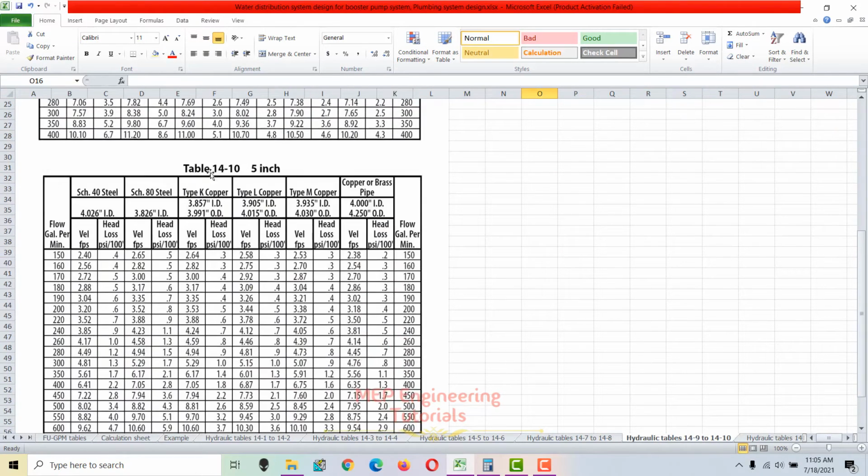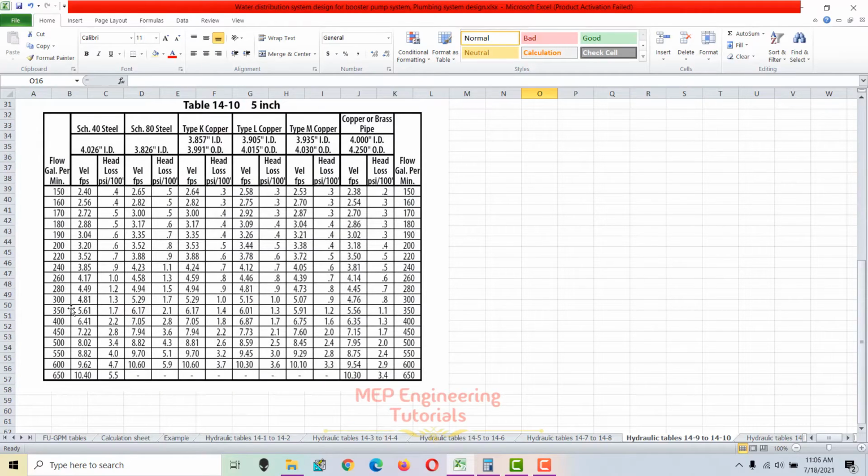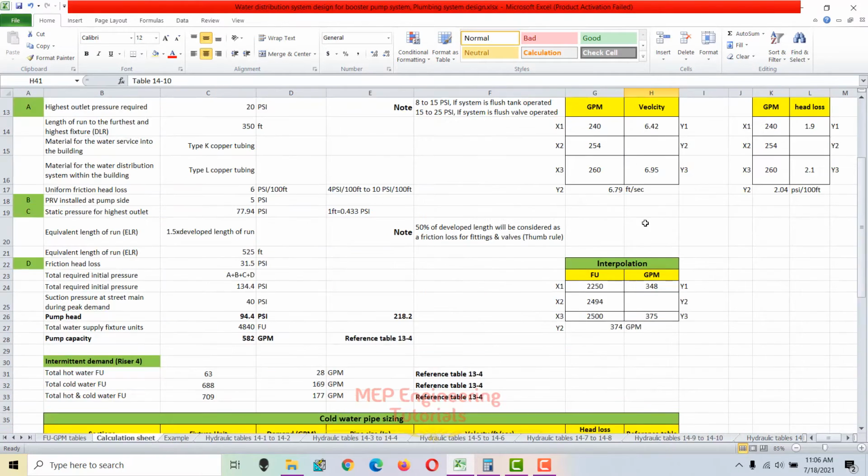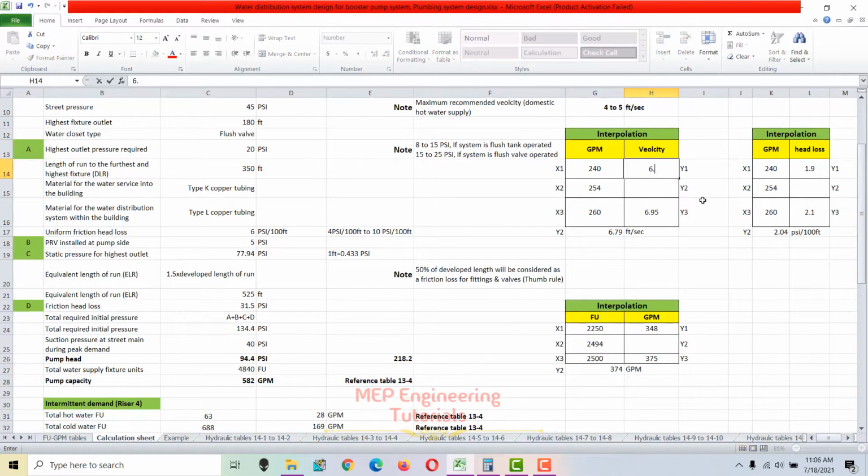So if we go here and check 350 and 400, we need to check at 374 GPM. For type L copper, the velocity is 6.01 at 350 and 6.87 at 400.